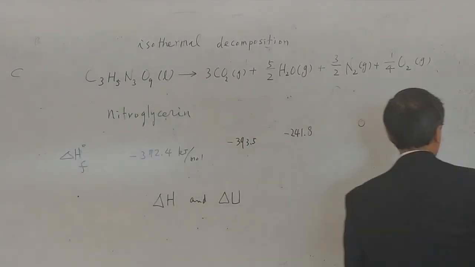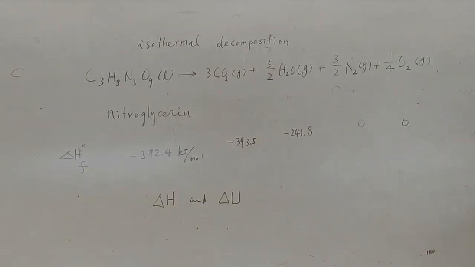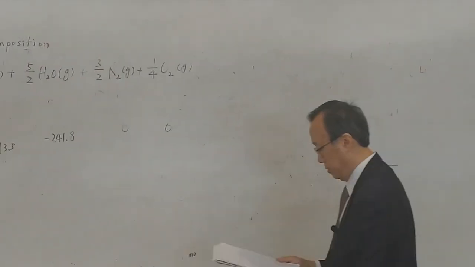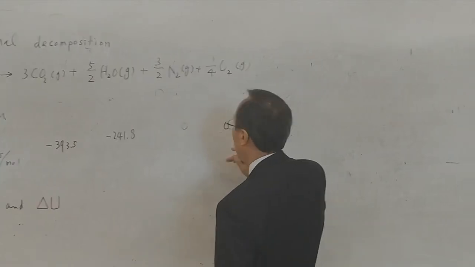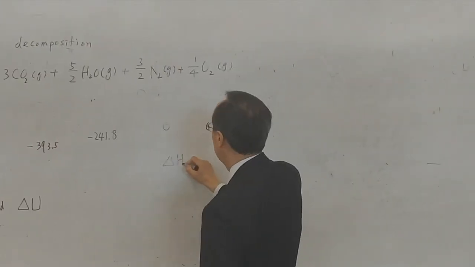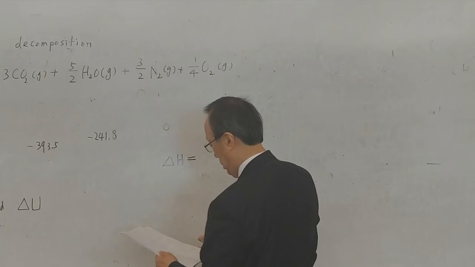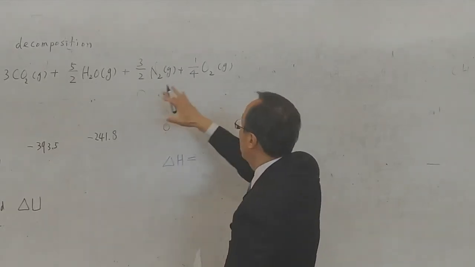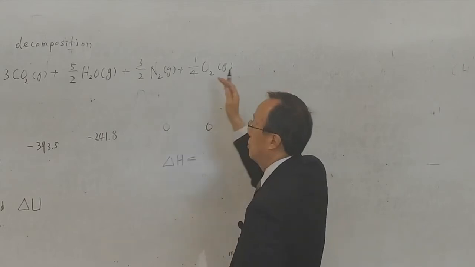The enthalpy of reaction is easy to calculate because delta H equals 3 times the products minus reactant, right?